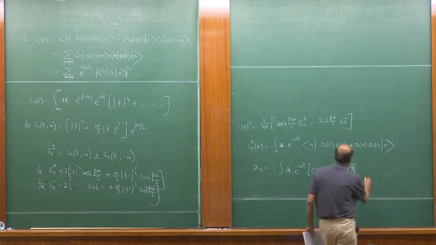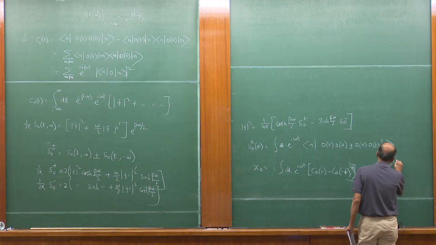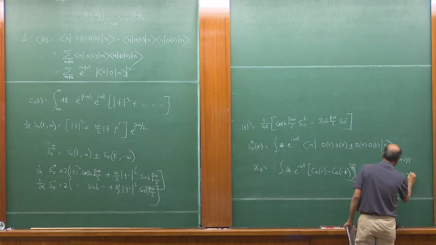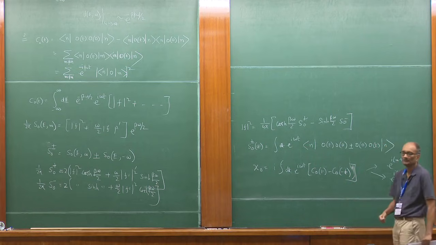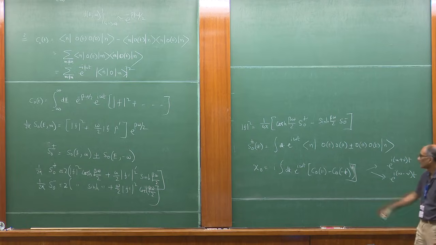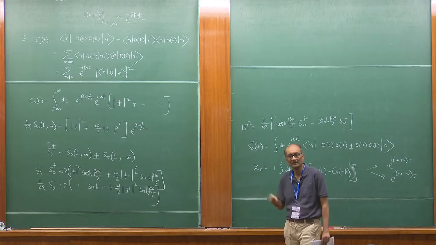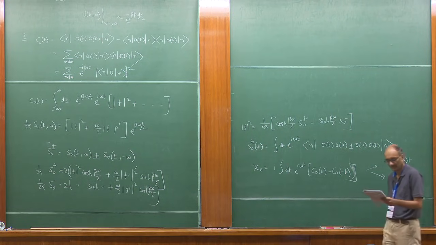One of them proportional to e to the power I omega plus nu, and the other proportional to e to the power I omega minus nu. Okay? So just substitute this C naught t by integrals over dE and stuff like that.